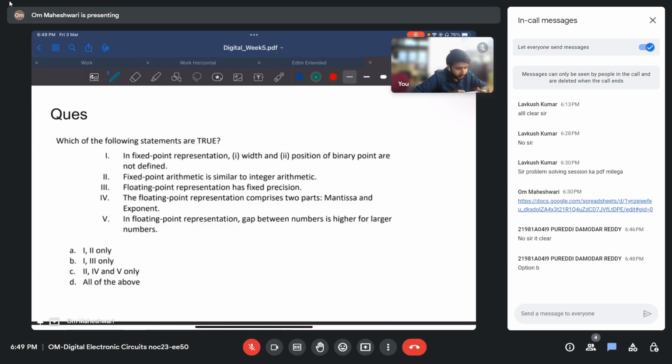In fixed point representation, width and position of binary point are not defined. Fixed point arithmetic is similar to integer arithmetic. Floating point representation has fixed precision. Floating point representation comprises of two parts, mantissa and exponent. In floating point representation, gap between numbers is higher for larger numbers.